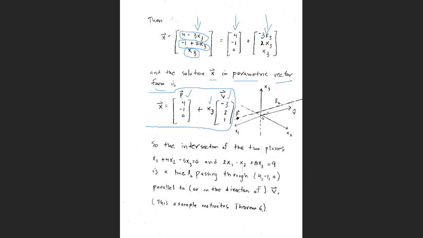The vector v was also negative 3, 2, 1. So we can describe the intersection of the two planes as a line L2, and I'm going to let you copy this down. It's a line L2 passing through the point 4, negative 1, 0, parallel to, or in the direction of, v.